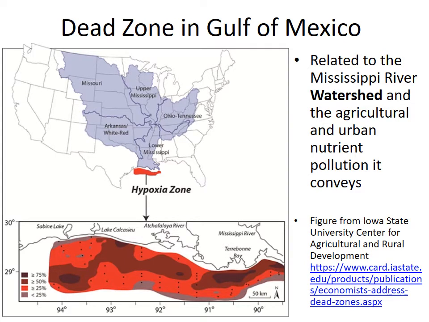One of the most famous dead zones in the world, if not the most famous dead zone in the world, is in the Gulf of Mexico. And that's because there's a very, very large river that enters the Gulf of Mexico and has a correspondingly large watershed that covers much of the United States and much of the agricultural area and some big urban centers of the United States.